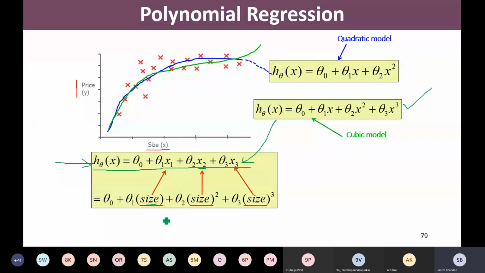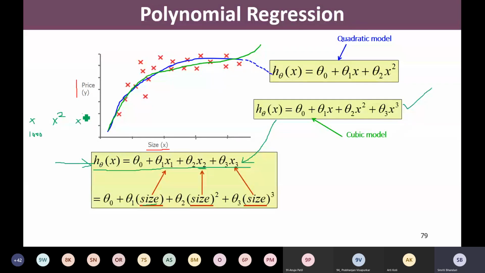So whatever is my training data available for all those data samples, in fact I am having only one feature, size, but I'll compute for every data. I know some value, say 1000 is the size of a house in square feet. Then I can compute x square and x cube.